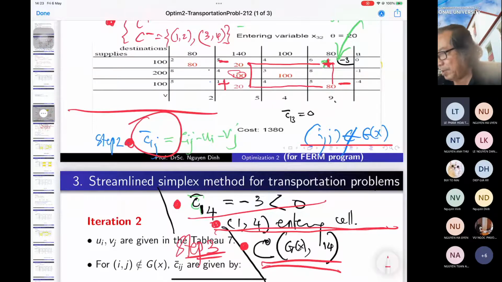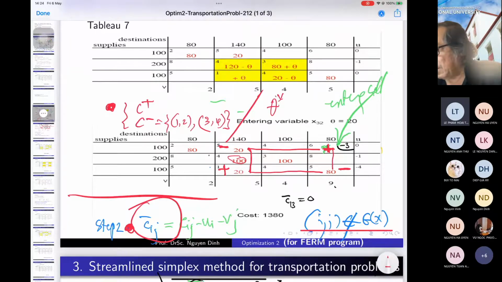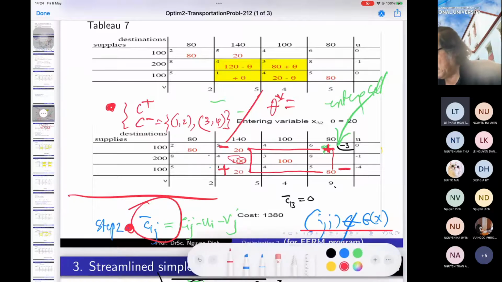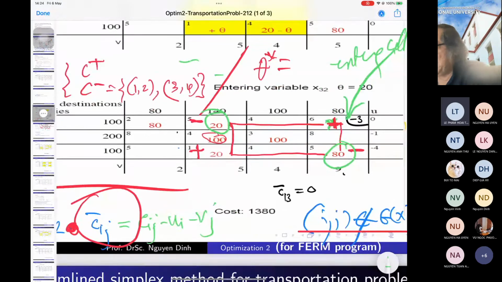Step 3: establish the cycle, find C minus and C plus, and then what next? You find theta star. Theta star is equal to the minimum of the xij in the minus cells. In the minus cells you have here 20 and 80.